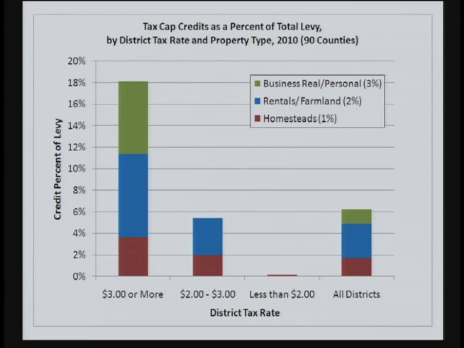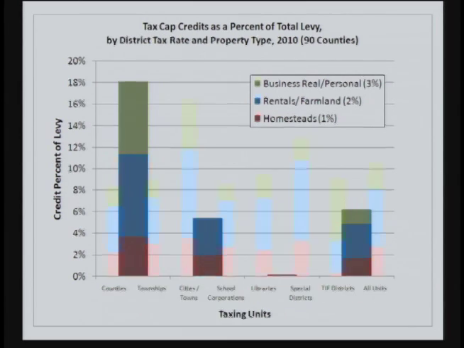Where the tax rates are only $2 to $3, the tax cap losses are 5.5%, and that's partly because businesses in the 3% category are not eligible where the tax rate is less than 3%. Where tax rates are lower than $2, there are hardly any tax cap losses. The average is about 6% across the state.